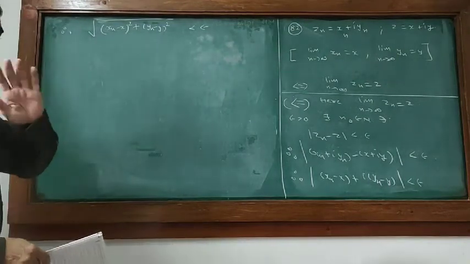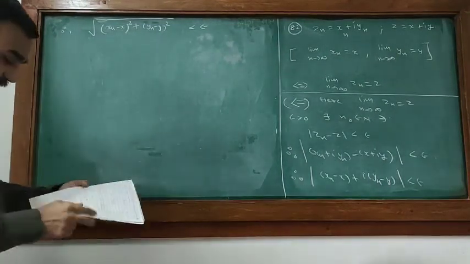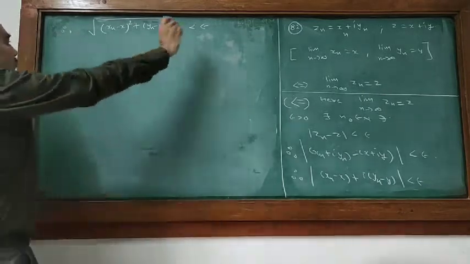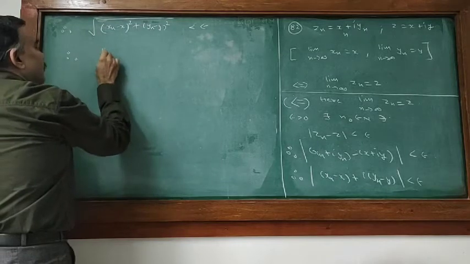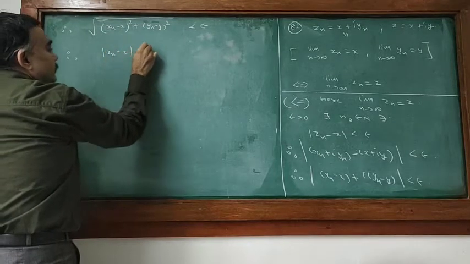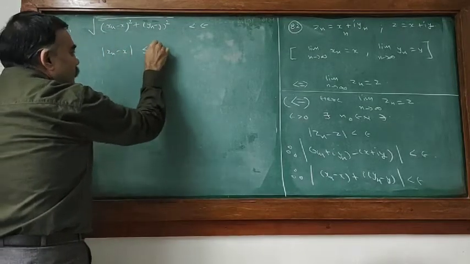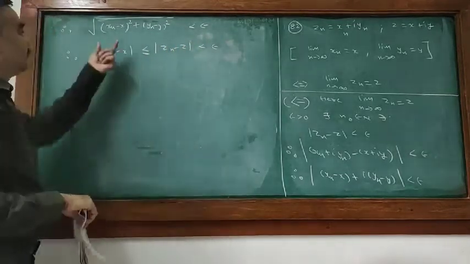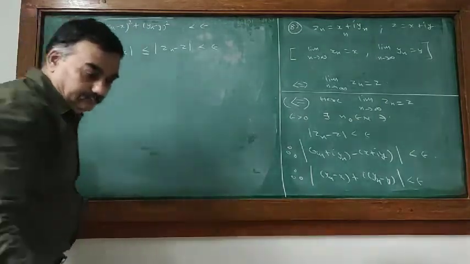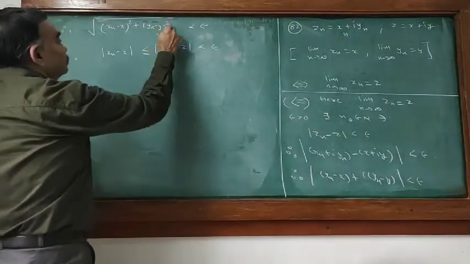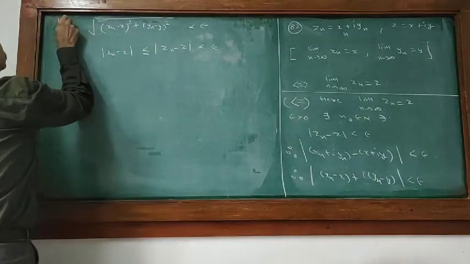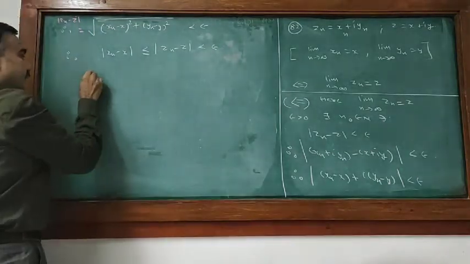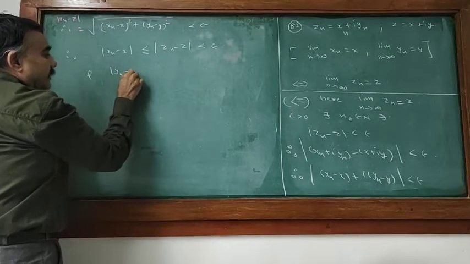I think you have an idea which way we are going to prove it. Therefore, |xn - x| is less than or equal to |Zn - z|, and similarly |yn - y|.